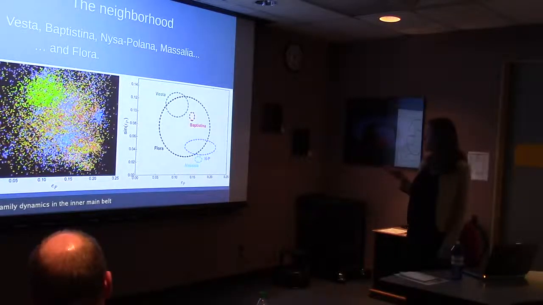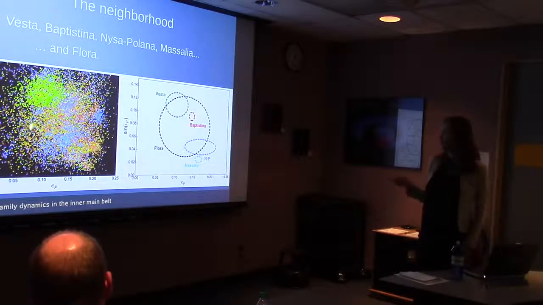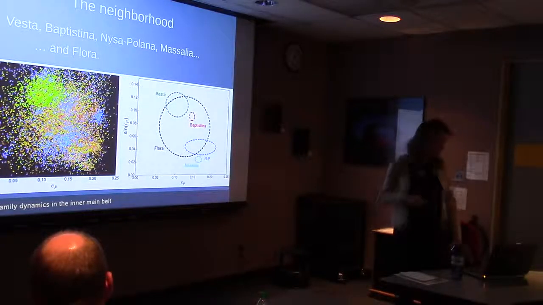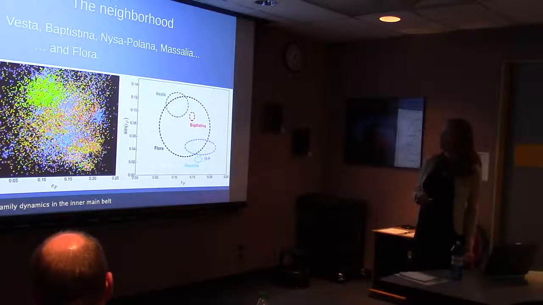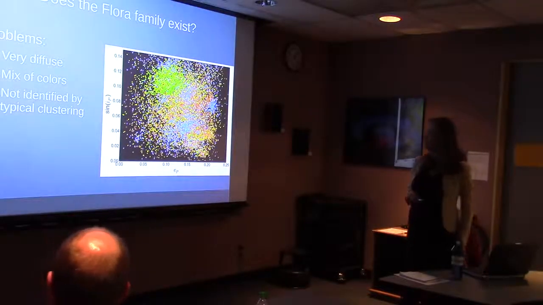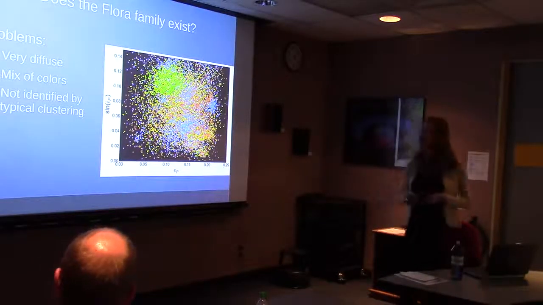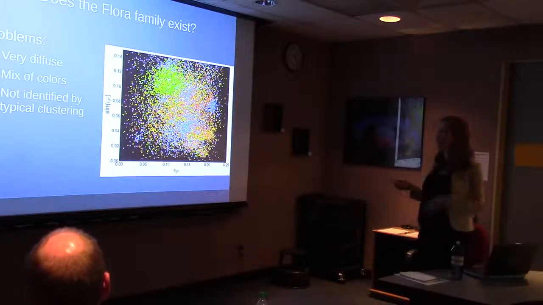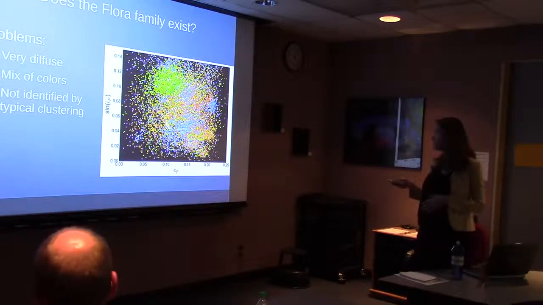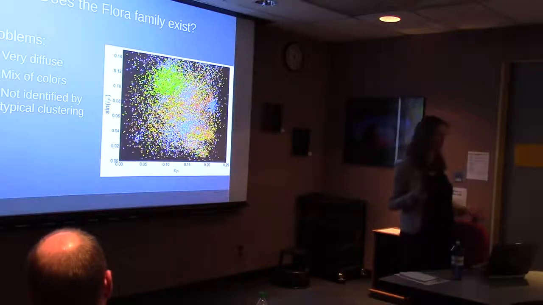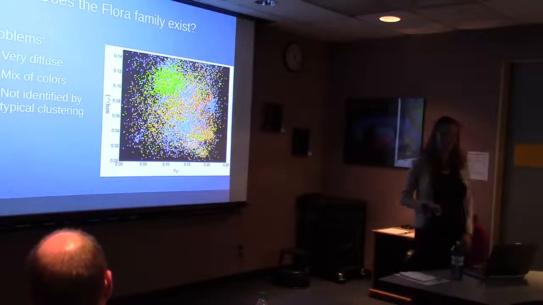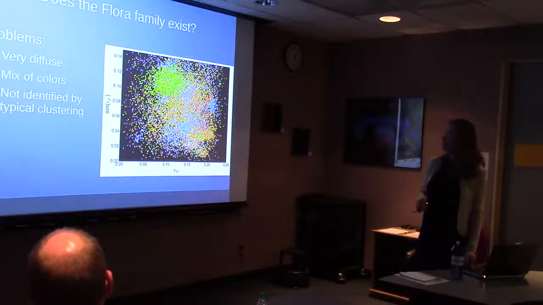And we'll be talking about the Flora family, which is spread throughout the entire inner main belt. It's actually a really difficult family to study because it's very diffuse, it's very old, and some have argued there might be a mix of colors to this family, partly because there are just so many overlapping families in this region. So typical clustering methods have a lot of trouble identifying and studying the Flora family.